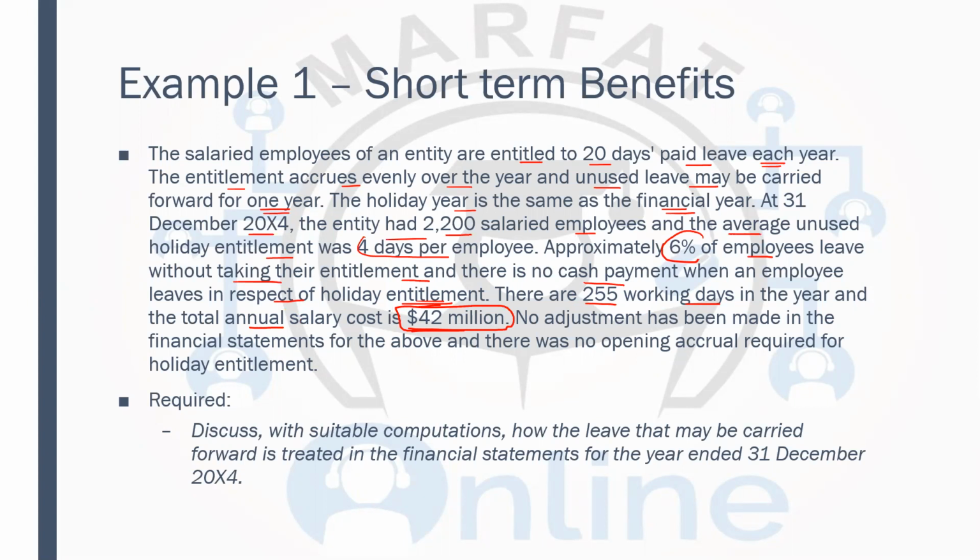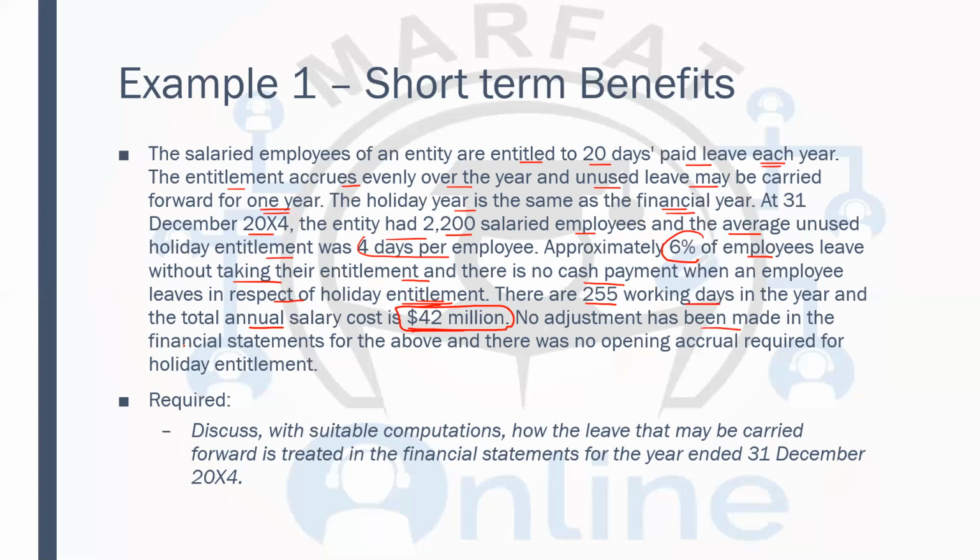When you divide it by 255 working days, it gives you the salary of 1 day of all the employees.